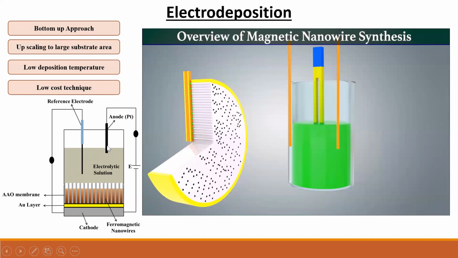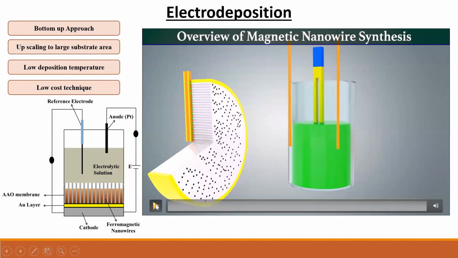So what is this counter electrode? It serves as a source of electrons. The reference electrode is basically used to maintain the potential between the counter electrode and the working electrode. So when we give a specific potential, by seeing the dissociation of the electrolyte, that specific potential is maintained by the reference electrode between the counter electrode and the working electrode.